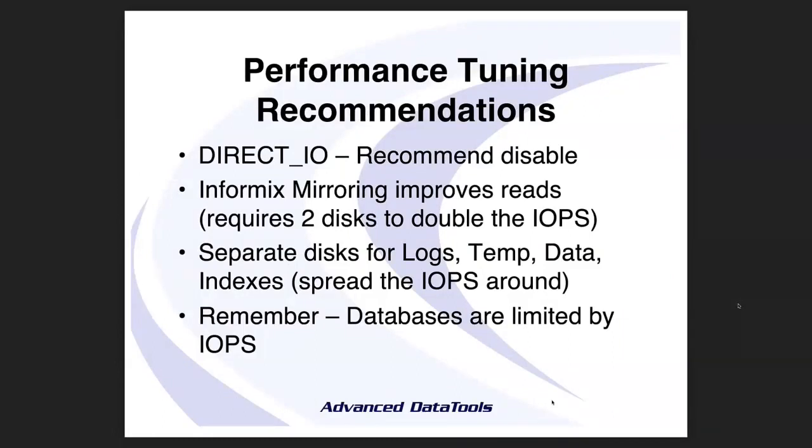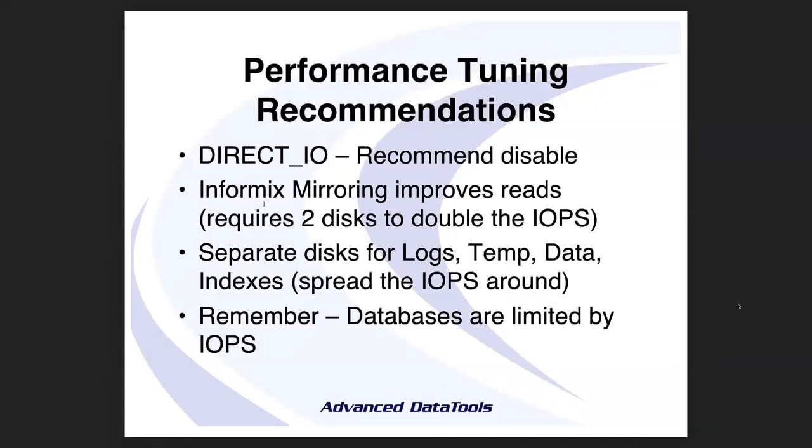I even had a client I was working with that was replicating from an in-house machine with direct IO on to an IBM cloud, and it worked better to turn direct IO off on the cloud machine. They kept it on the in-house machine, but off on the cloud machine. And I don't know why that is. I'd love to dive into that a little bit.